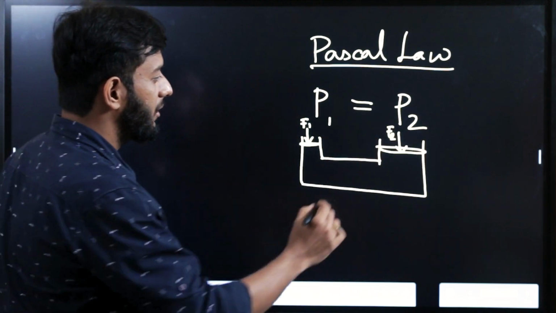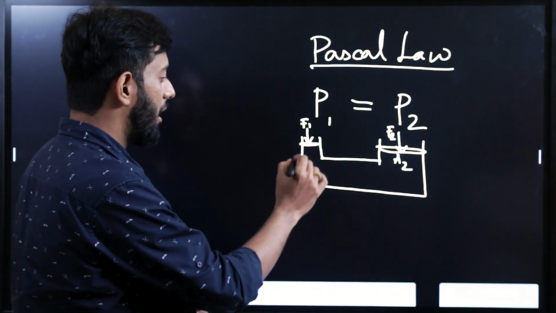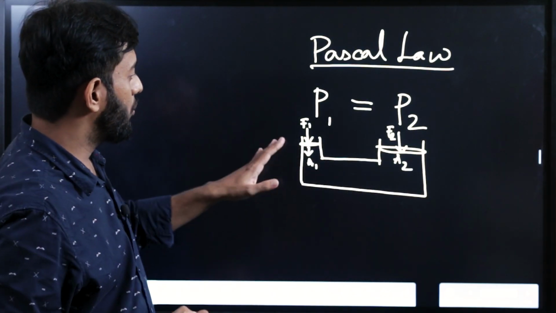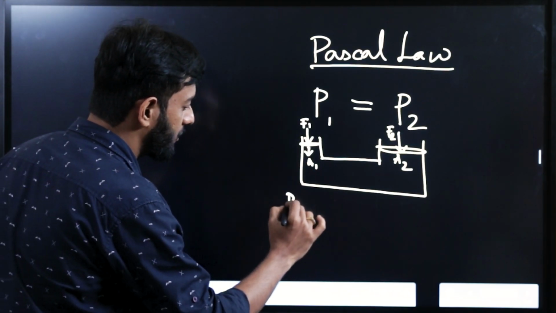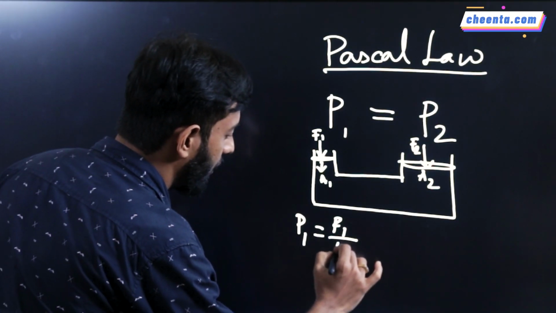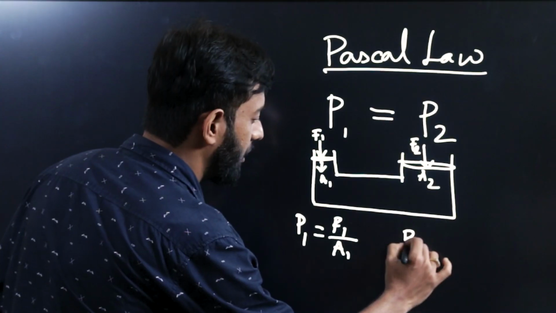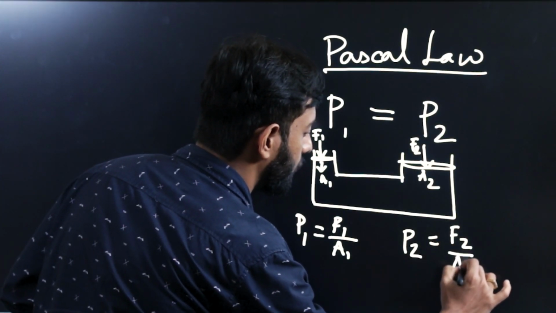As you can see, the area on this side is larger, we can call it A2, and the area in this section is A1. So what is the pressure in this case? In the first case, the pressure becomes F1 by A1, and for the second case the pressure becomes F2 by A2.